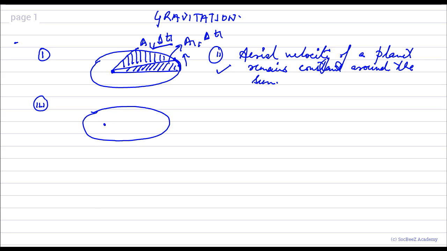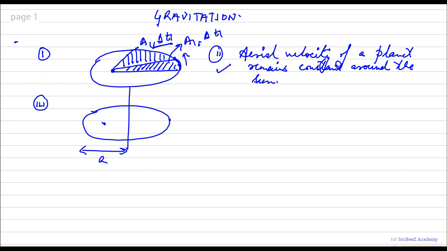The semi-major axis is, let's say, of length A. The time period of revolution of the planet around the sun is, let's say, T. According to Kepler's third law, the square of this time period is proportional to the cube of this semi-major axis.